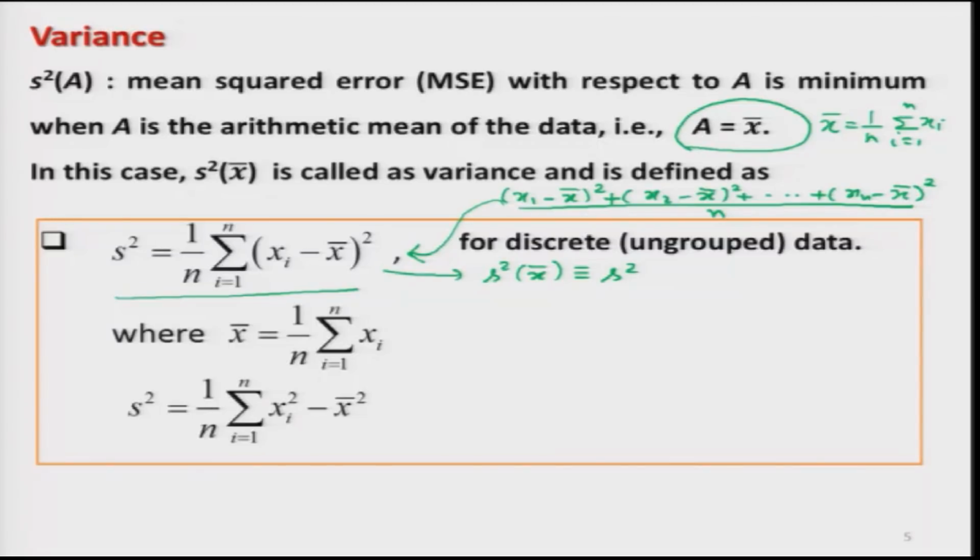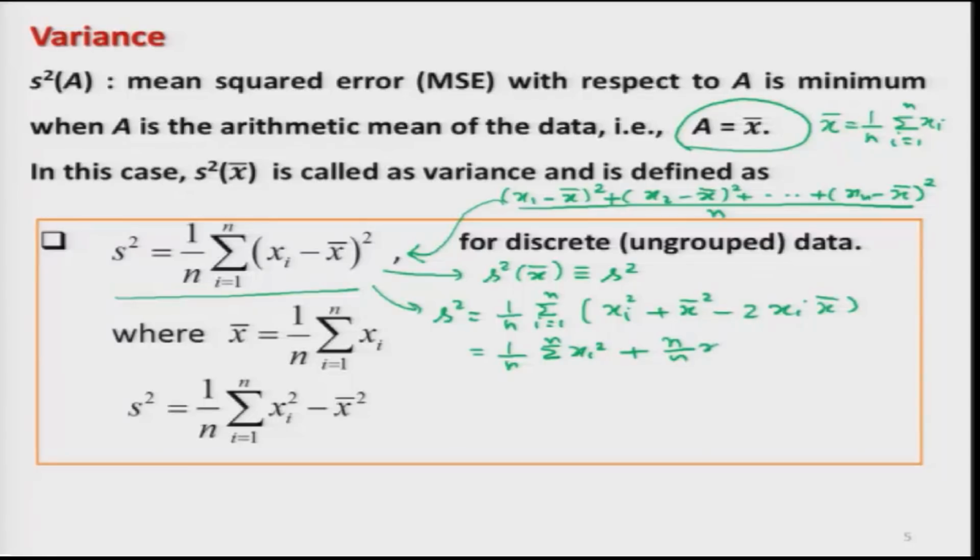If you simplify this expression, you can write 1 upon n summation i goes from 1 to n of xi square plus x bar square minus twice xi into x bar. So, this comes out to be 1 over n summation xi square plus n upon n x bar square minus twice x bar summation xi, i goes from 1 to n, upon n.